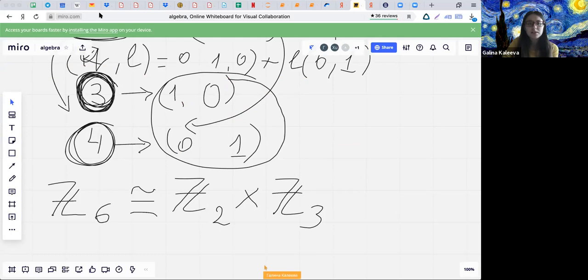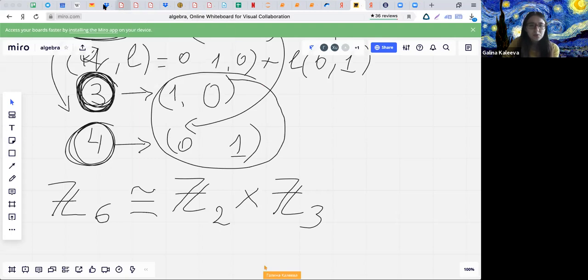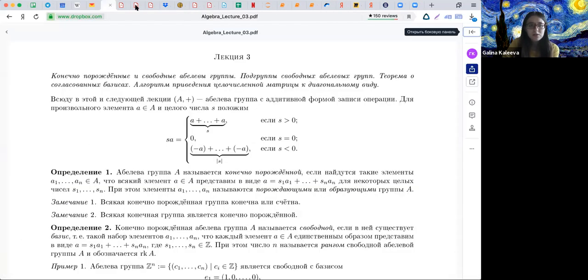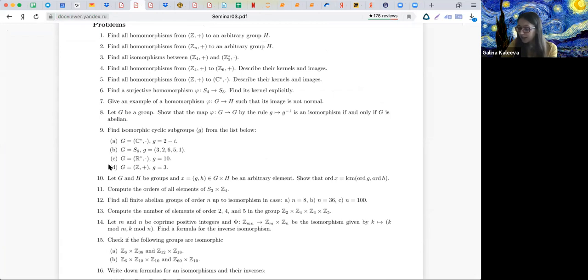The last point of our today's class is about classification of different abelian groups. I suppose it's about the 15th problem in our list of problems. Do you remember two ways to represent abelian groups of some finite order?